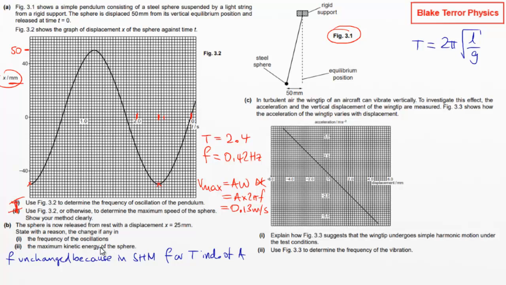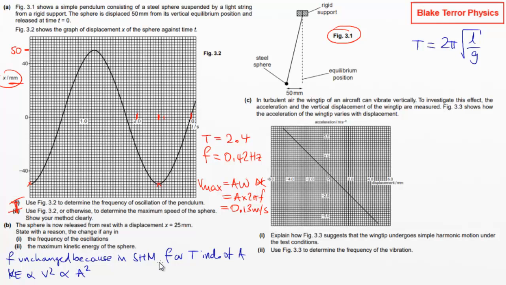The maximum kinetic energy of the sphere: we know that kinetic energy is proportional to v squared, and v is proportional to A. In this case, our v max is proportional to the amplitude. Oh, excuse me, got the hiccups. So kinetic energy is going to be proportional to A squared.